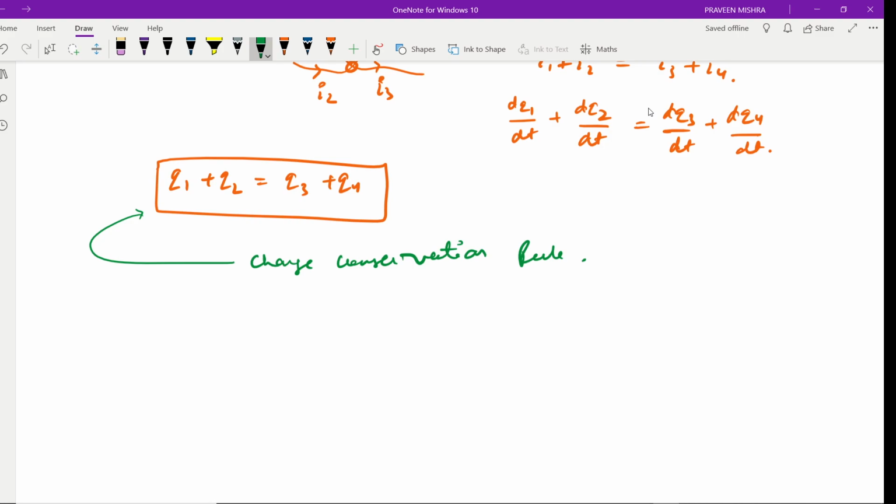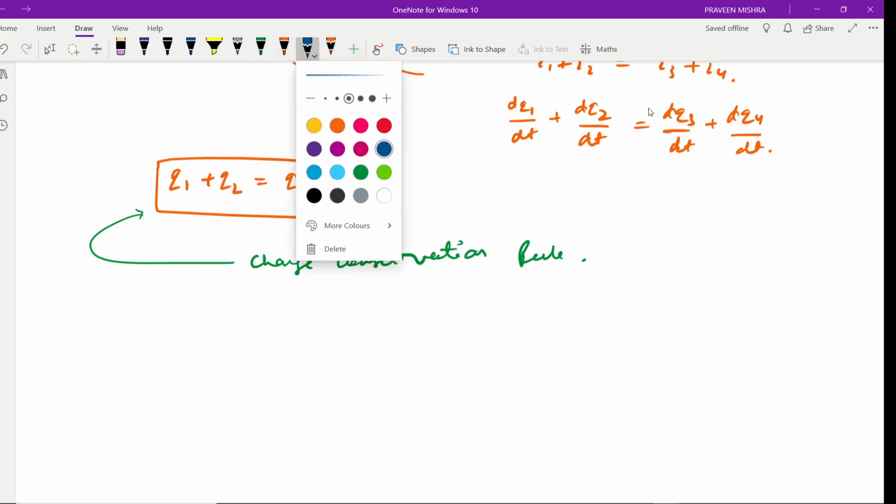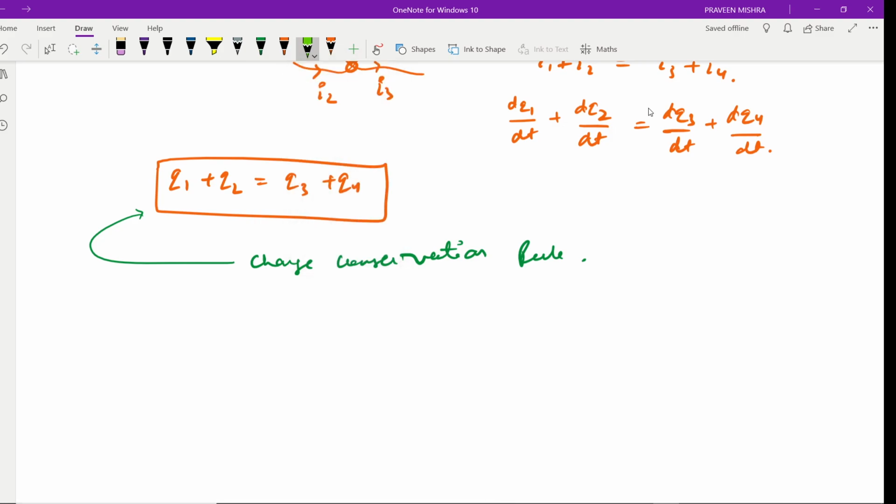From this, one popular definition came. Whenever anyone asks you, what is the KCL?